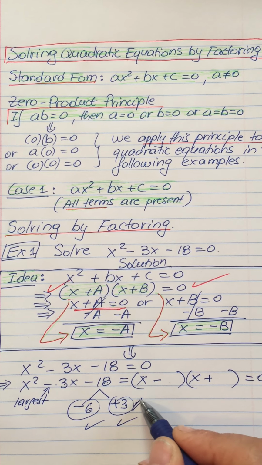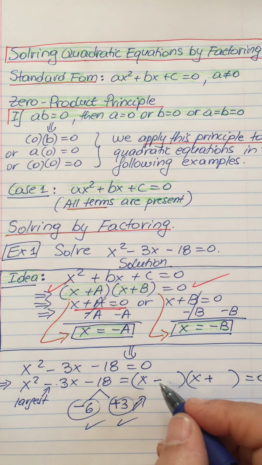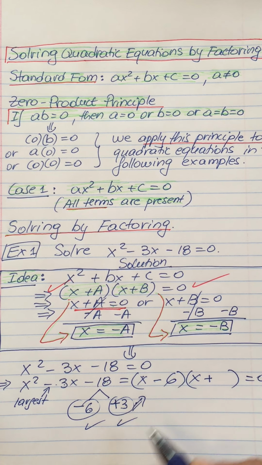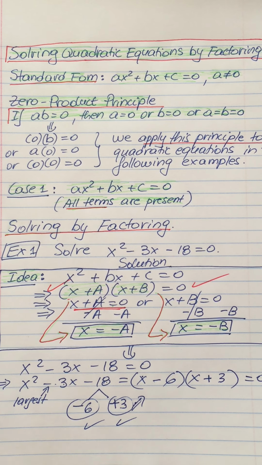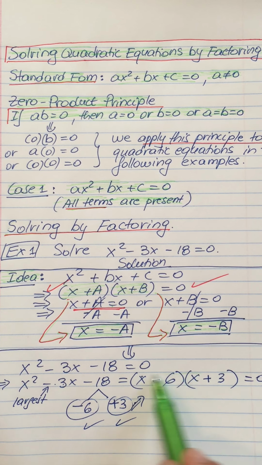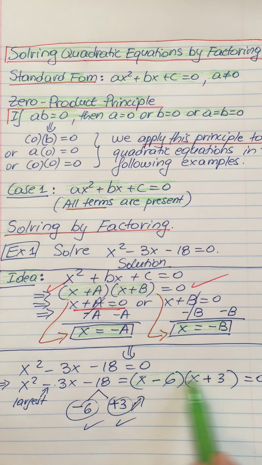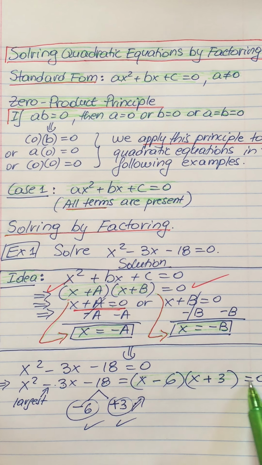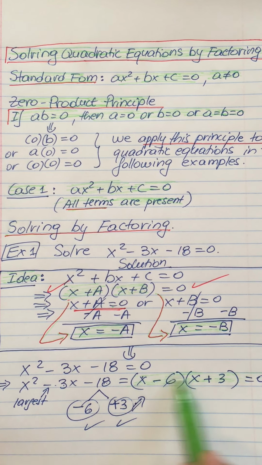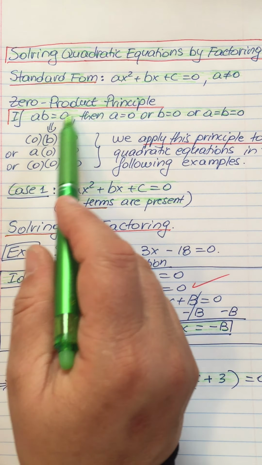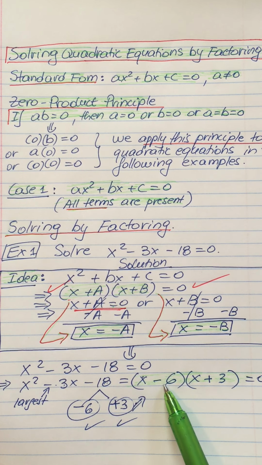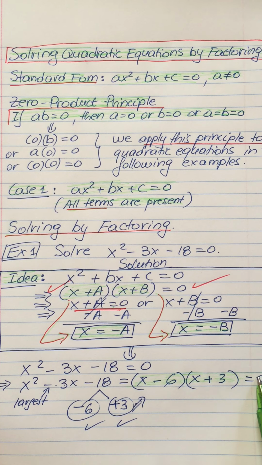Let's place them into the binomials. So I will place 6 here and 3 here. Now I have factored it, and after factoring, I use the zero product principle that says that maybe one factor is 0 or the other is 0.